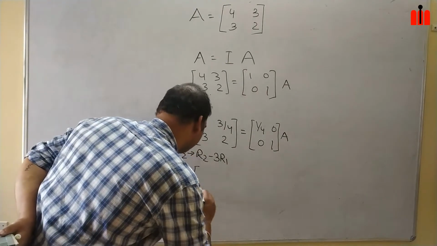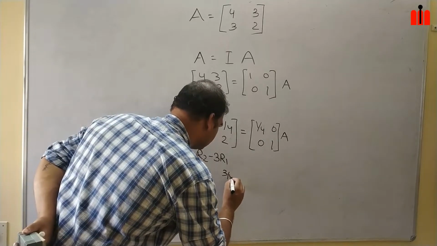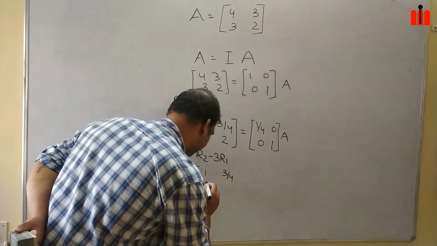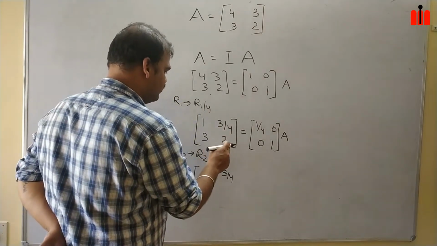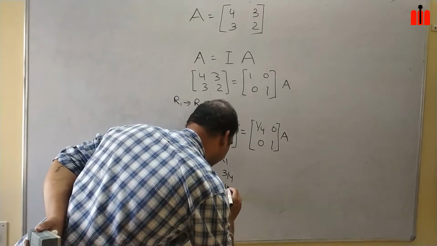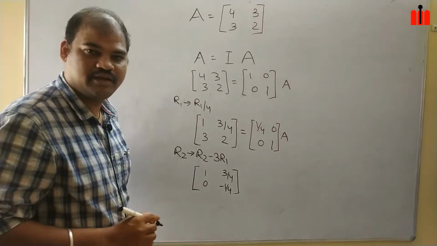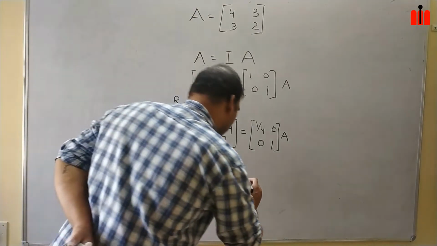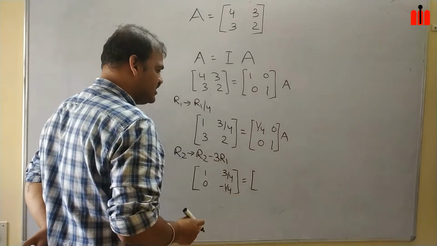So my matrix will become 1, 3 by 4. It will be 0. Here you multiply with 3, it will become 9 by 4. 8 minus 9 by 4 is minus 1 by 4. So this will be my matrix. Now next, R2 tends to R2 minus 3R1.